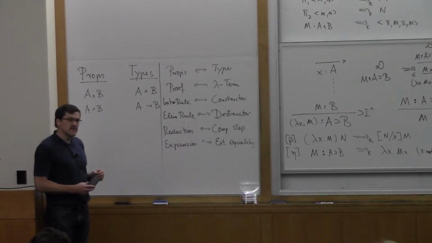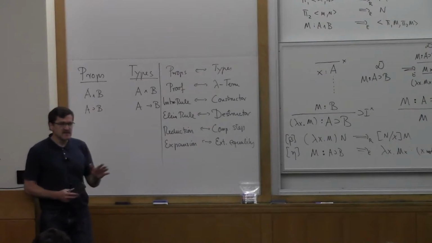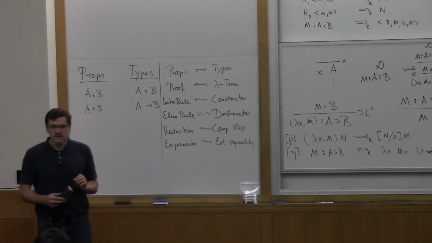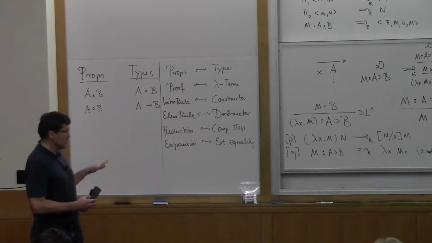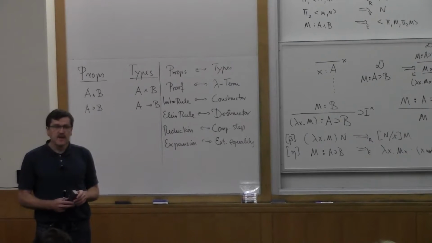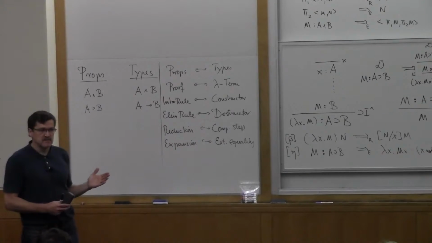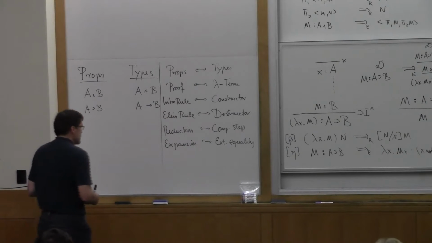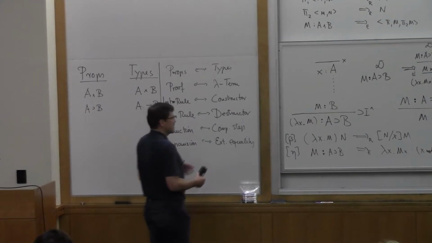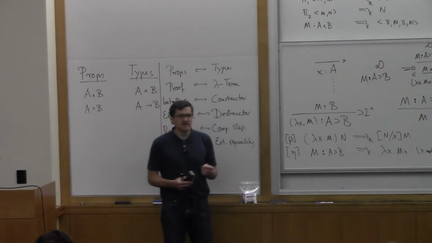There are some things that proof theory, at least as we've done it so far, doesn't give us an unambiguous answer to. For example, you can't answer with what we have here on the board the question whether a functional language should be called by value or called by name. Okay? The proof theory doesn't tell you that. So proof theory doesn't tell you everything, or you might have to go through a lot more trouble to figure out the answer to that.